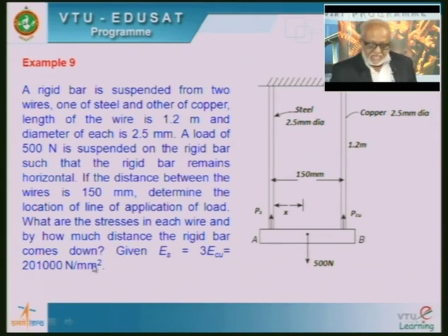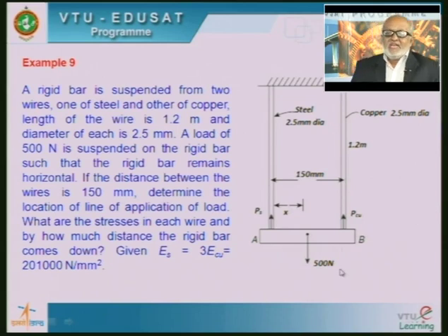Now, how do we proceed with this? First is that the bar should remain horizontal. If the bar should remain horizontal, elongation in the steel wire should be equal to elongation in the copper wire. We use this as the compatibility condition.